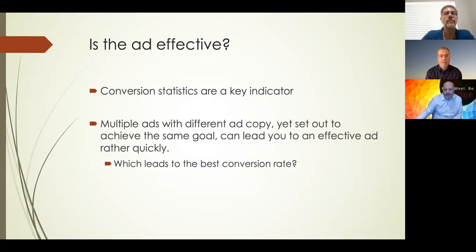Okay, ad effectiveness, a couple tidbits. Conversion statistics is certainly a key indicator. You can run multiple advertisements to achieve the same goal in the campaign. Not even to be thought of as A/B testing to see which one works, but you can set up those ads, adjust some phrases in the ads, and Google in particular will pick the best ad for you and run that more.